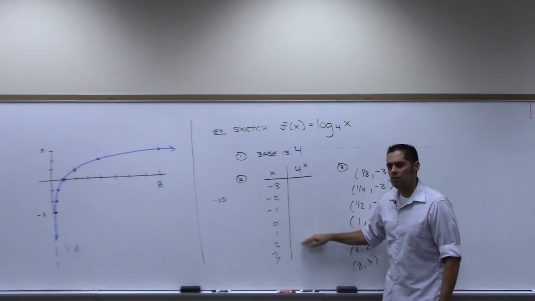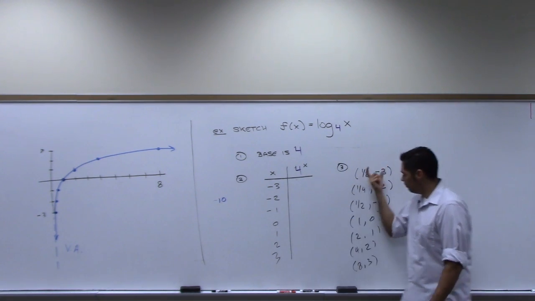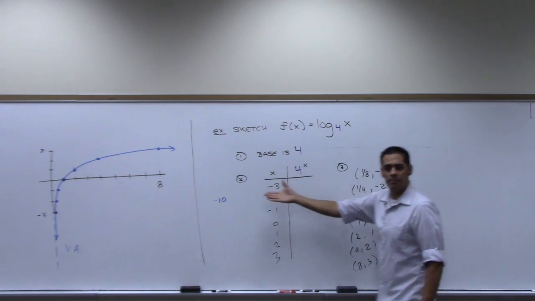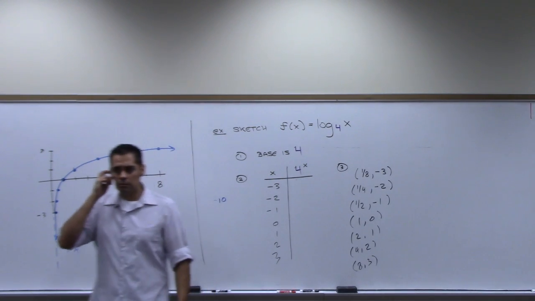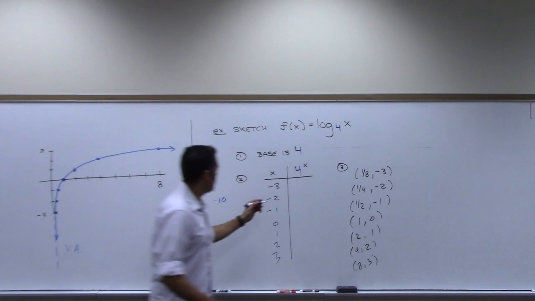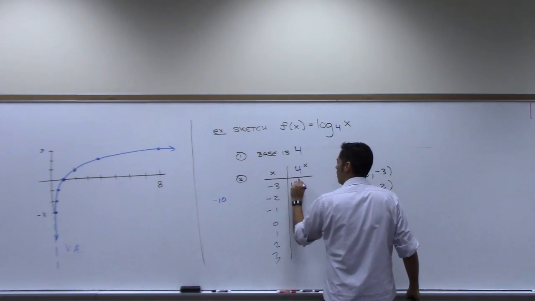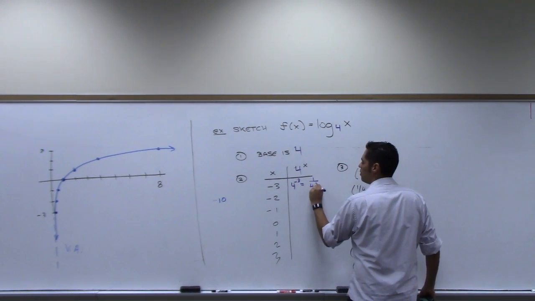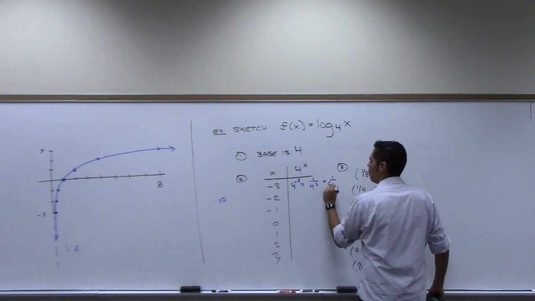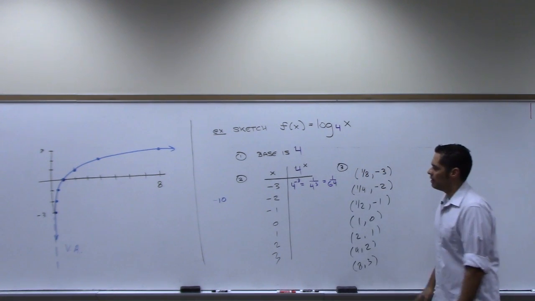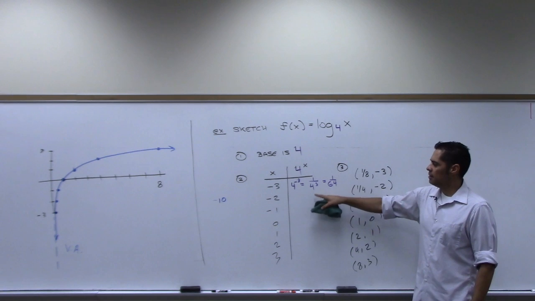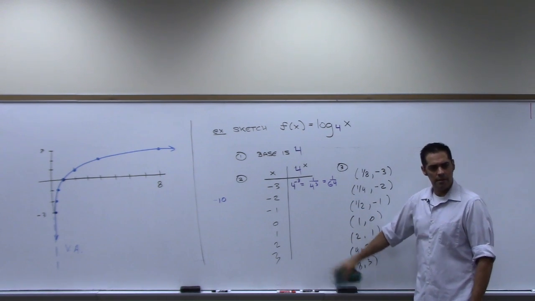Figure out what those are, flip them, and then plot them. So before to the negative 3. Yeah, this would be 4 to the -3, which would be the same as 1 over 4 cubed, which is going to be 1/64. The next one will be 1/16, and so on and so forth.